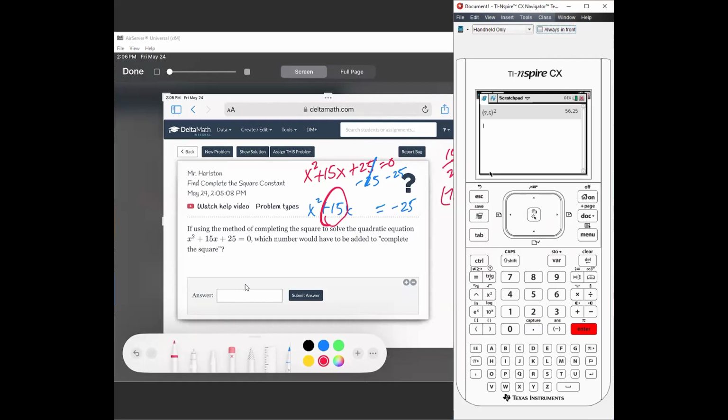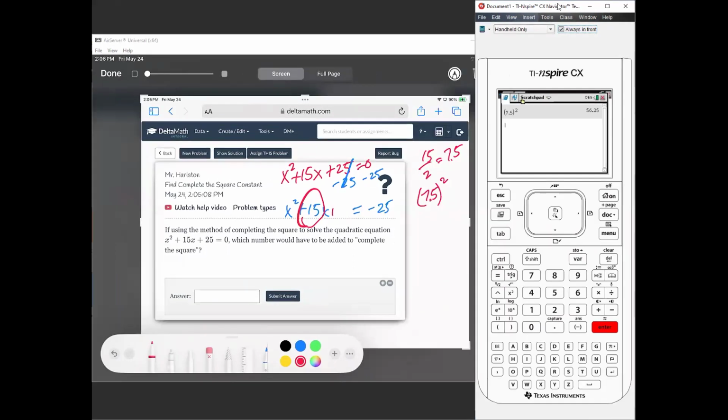So that's what I'm going to add to both sides: plus 56.25, plus 56.25. And that's all we need. That's the number that we would add in order to make this a perfect square.